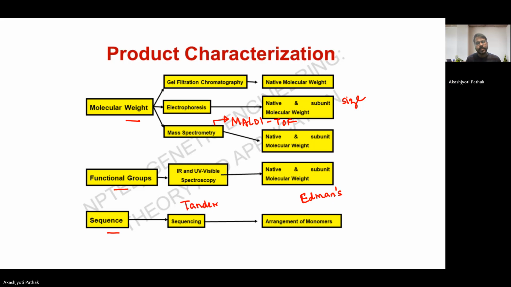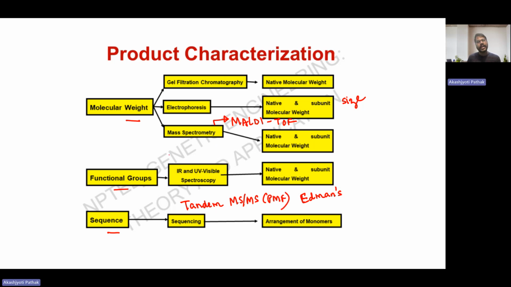The mass spectrometric technique used for sequencing the protein is tandem MS/MS, tandem mass spectrometry. We will learn about this technique today. Another common name for this technique is protein mass fingerprinting, PMF.